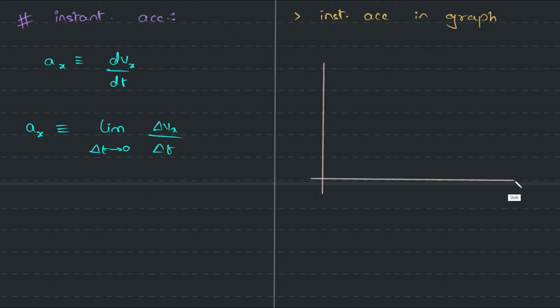So this is V and this is T. If I want the instantaneous acceleration at some point T, all I have to do is, if you have a graph, my suggestion is just take a scale, draw a tangent over there and measure the angle and find tan theta and you're done. So that's the whole funda, right?